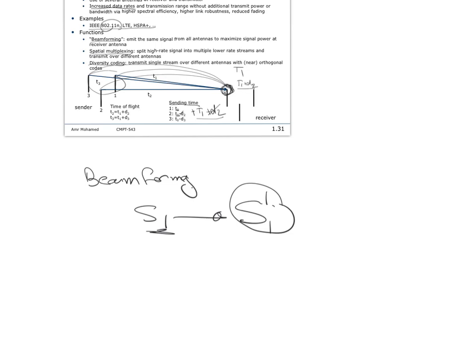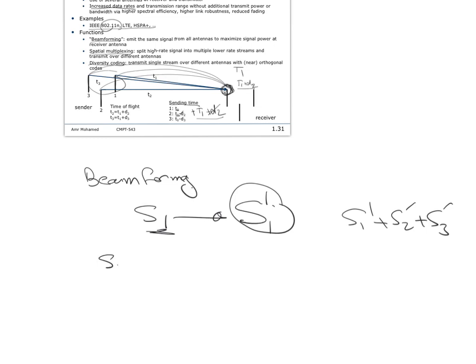Then in the air, at the receiver side, I get S1 dash plus S2 dash plus S3 dash, and hopefully, when I get this summation and they are co-phased, then I get the maximum reception. So that's what happens. Diversity coding is a slightly different technique.